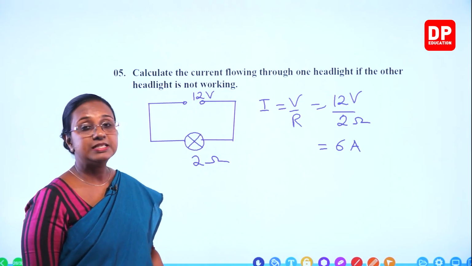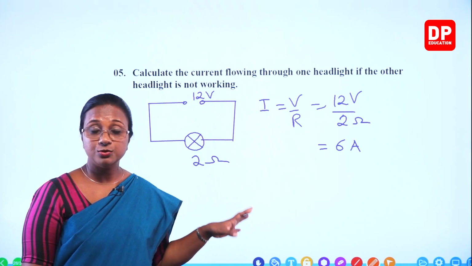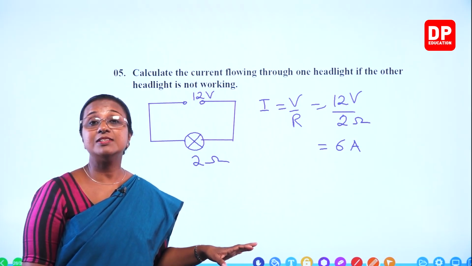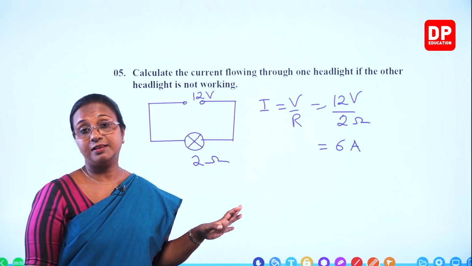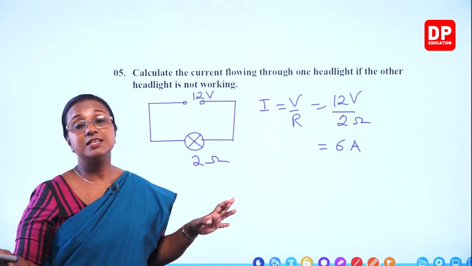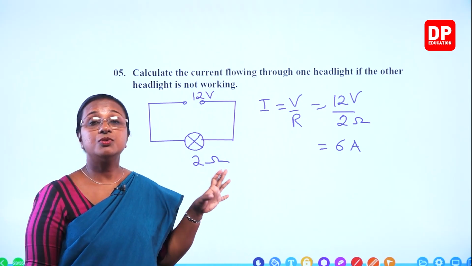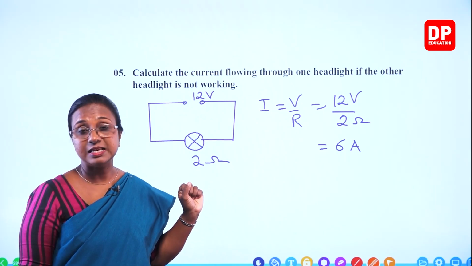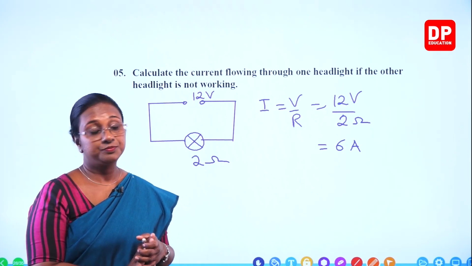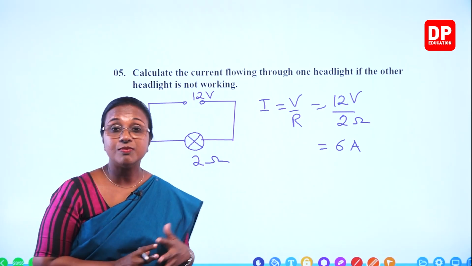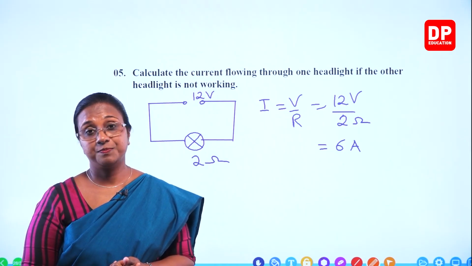So, it is the same current. So, both the headlights will function individually and they will have the same current. So, the brightness of the headlight will also not decrease. Even if the other one is not working, still the same current will flow. So, there will be no difference in the brightness of the headlight. Is that clear to you? So, that is the advantage what we discussed before of having the headlights in a parallel manner.